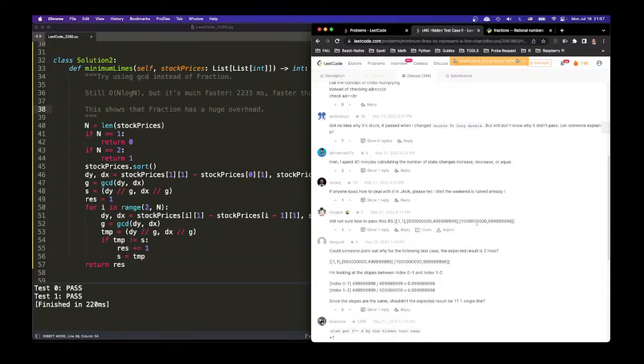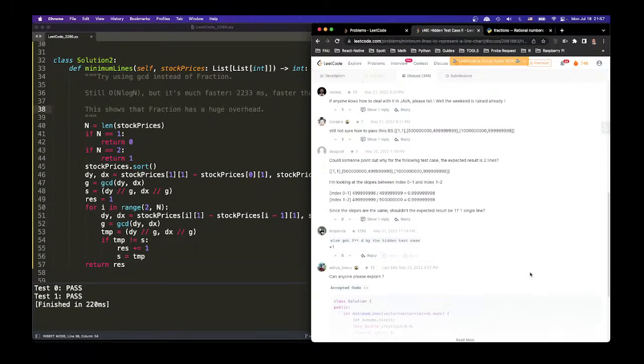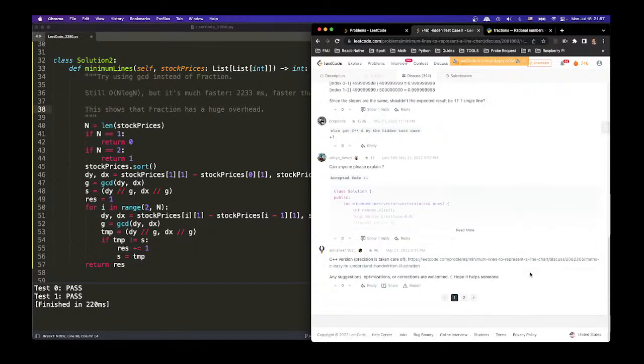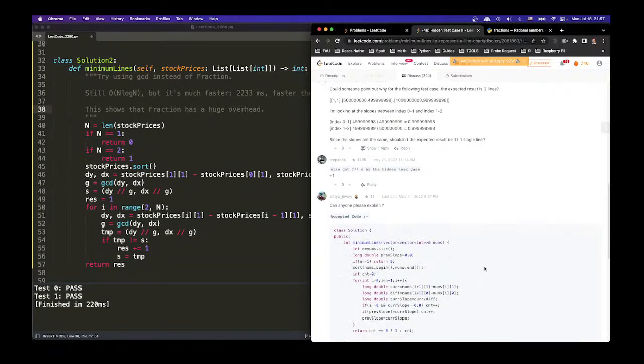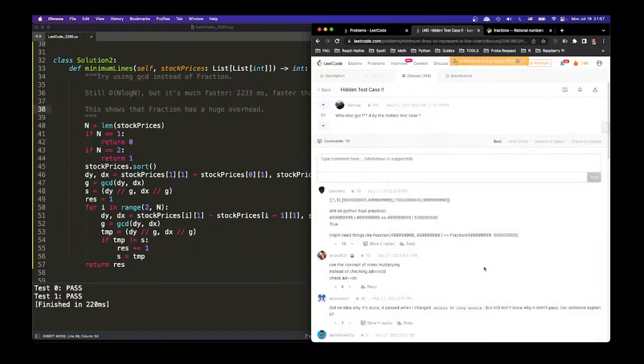Oh, they use, oh my god. That's why people don't like it. You can't, floating point. You guys never got bitten by floating point before, have you? I have. So, floating point, the first thing in my mind is this Fraction. That's why I know it, because I got bitten before. But honestly, GCD is easier. But this is actually good.